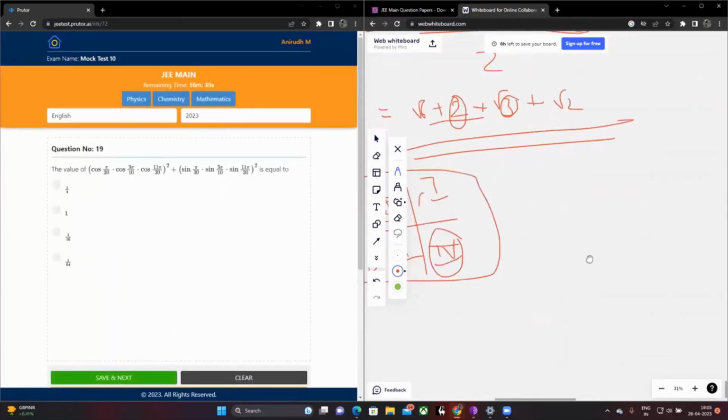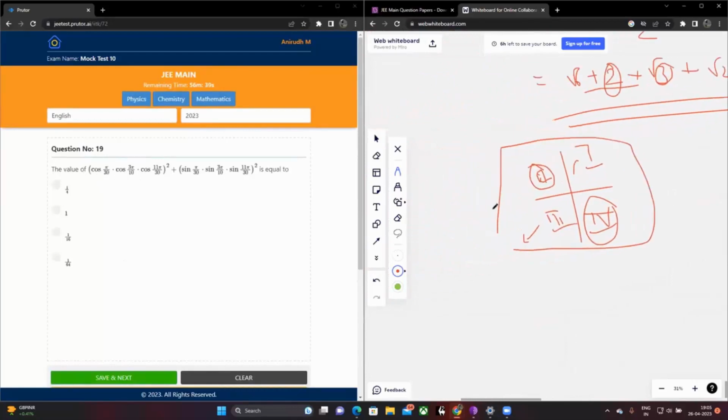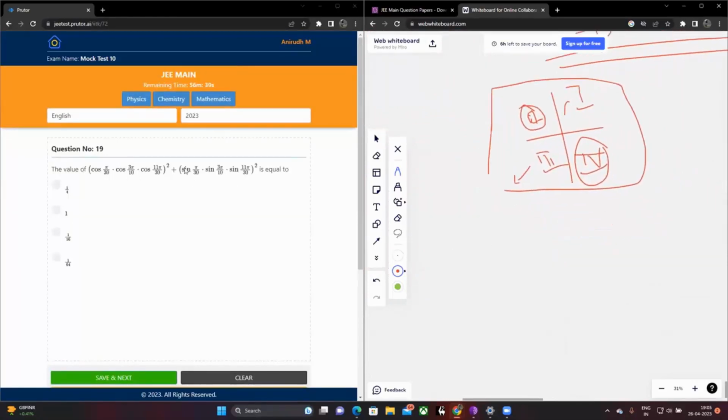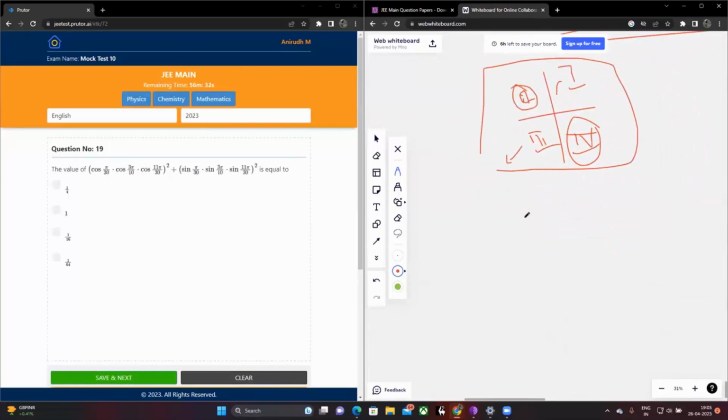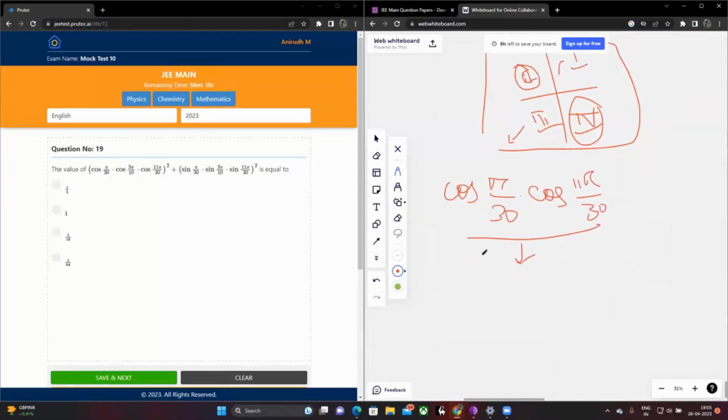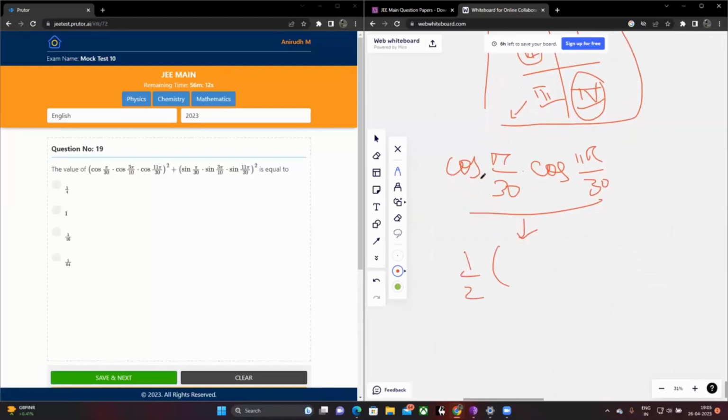The value of cos pi by 30, cos 3 pi by 10, cos 11 pi by 30, the whole square, and this, right? So this uses the multiplication formula of 2 cos. I just read this as cos 11 pi by 30 first, right? This basically simplifies to half of cos of a plus b plus cos of a minus b, right?